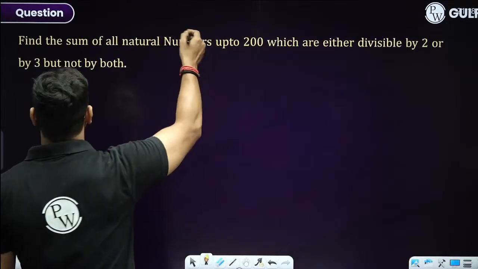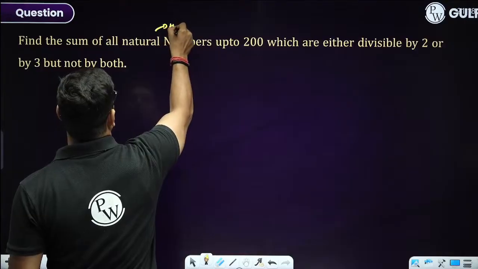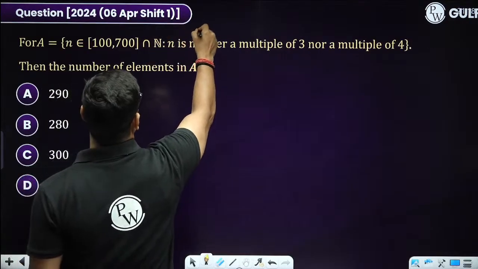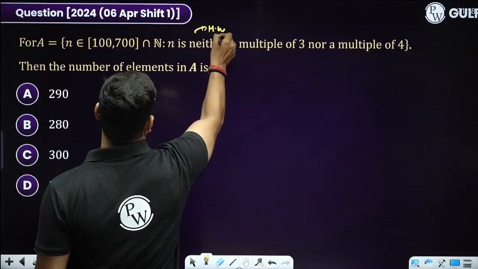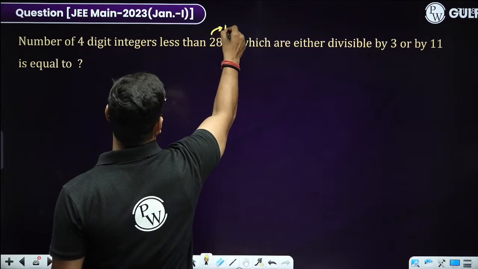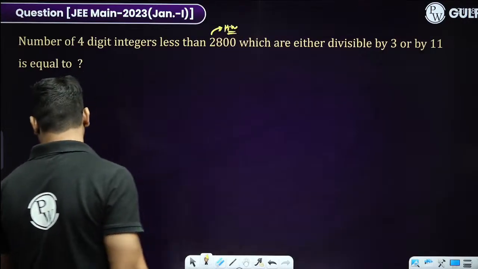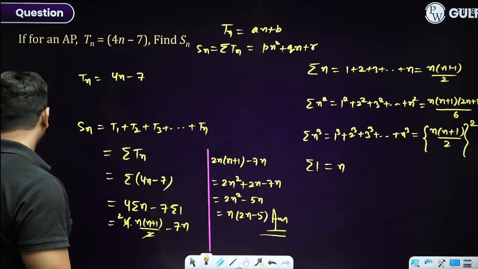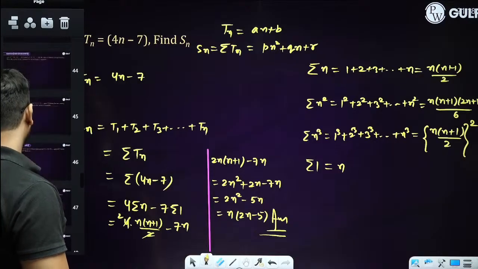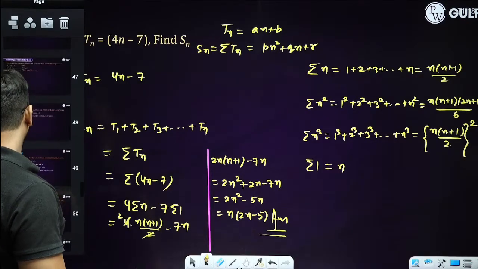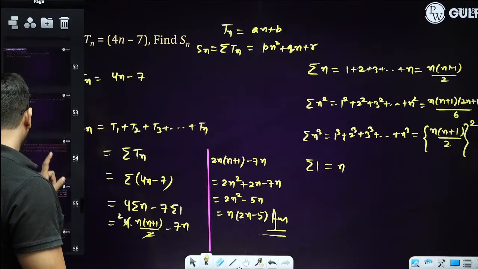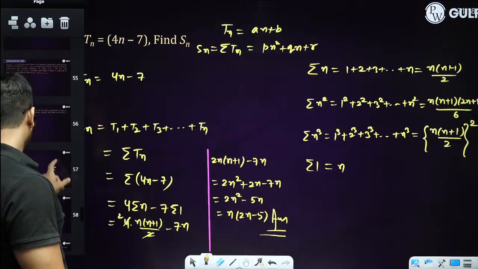These are simple questions, but a bit tricky. You have to use your brain if you have one, and I am assuming you do. Common APs they ask often. There are a few questions, so I have given you some questions in this slide.